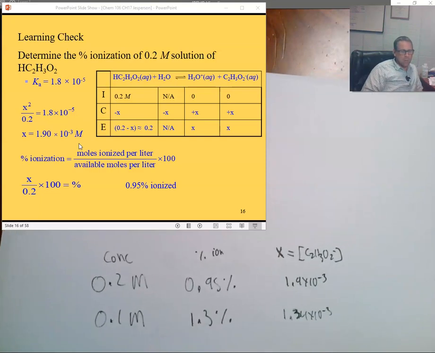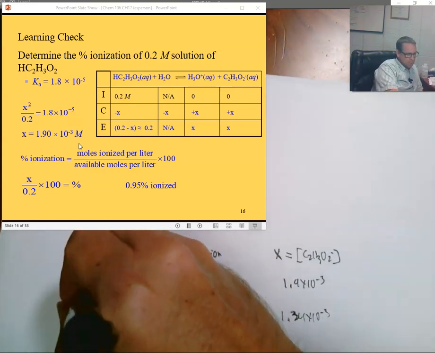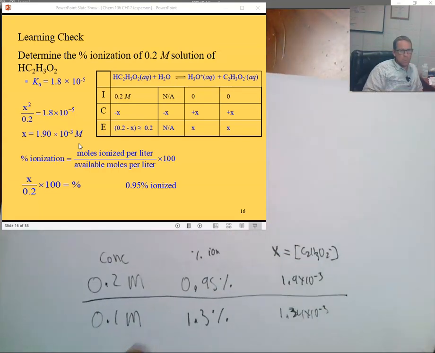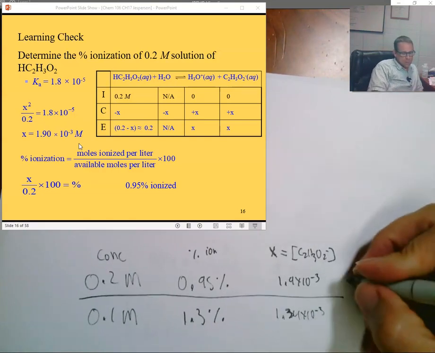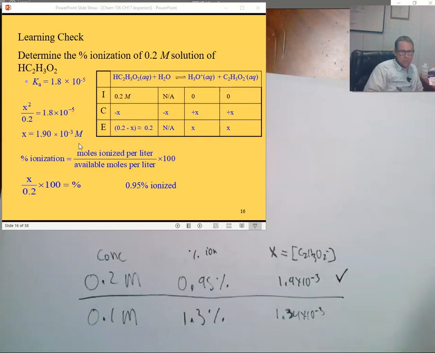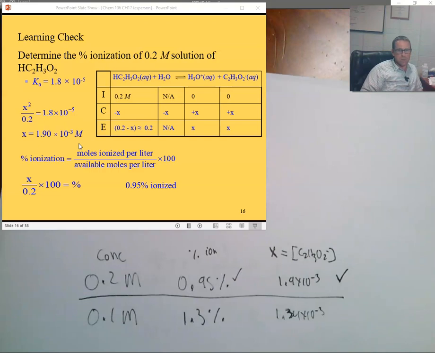Now, what's interesting here is if we're asked which one results in more dissociated acid, this one results in more dissociated acid, but it has a lower percentage of the 100 acid molecules that are actually dissociated. It has more dissociated because there was more to start with, so you get more acid dissociated, right?